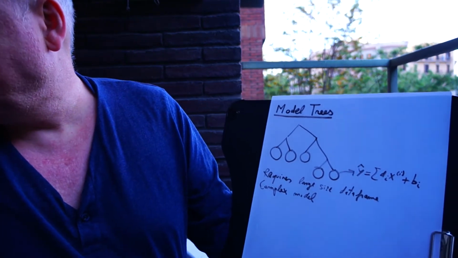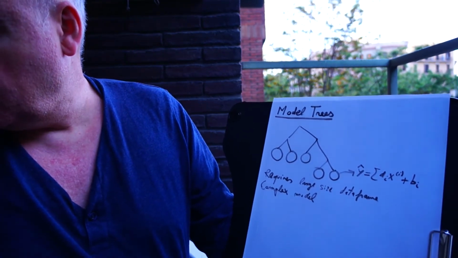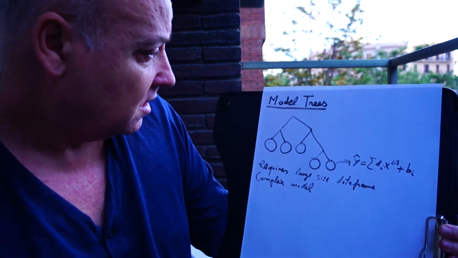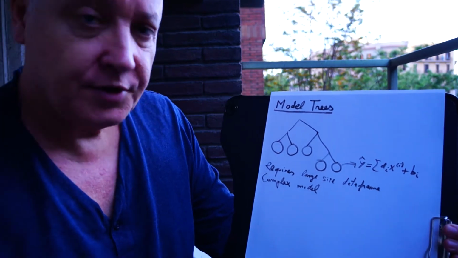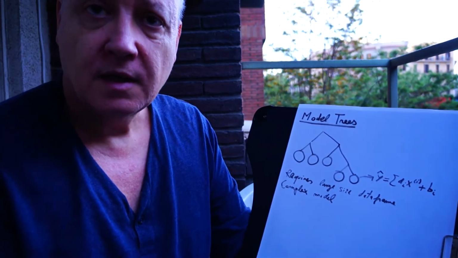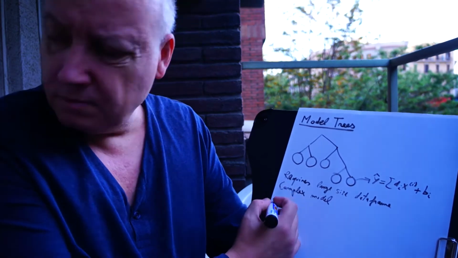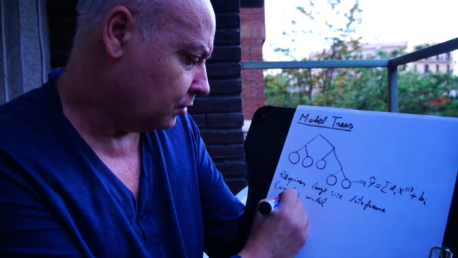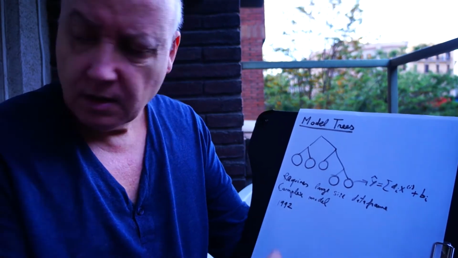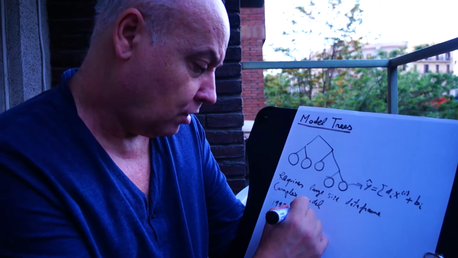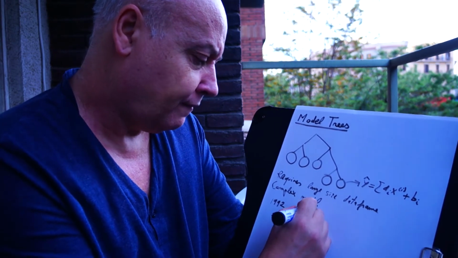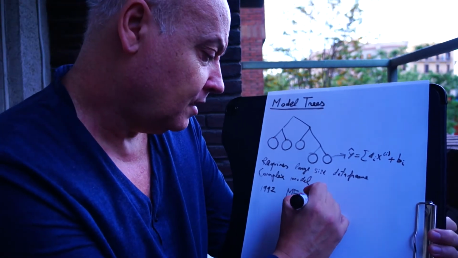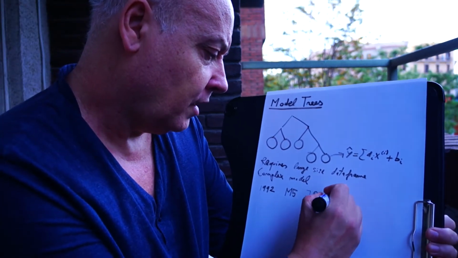And the model trees are more modern than the regression trees. This comes from a 1992 algorithm, which is called M5 algorithm. This is by J.R. Quinlan.